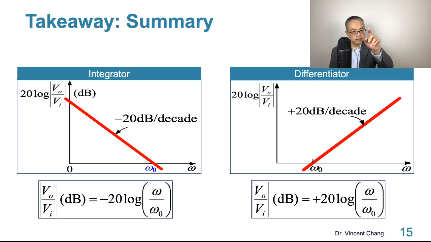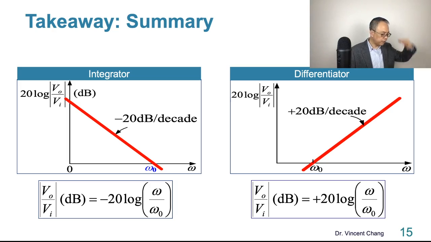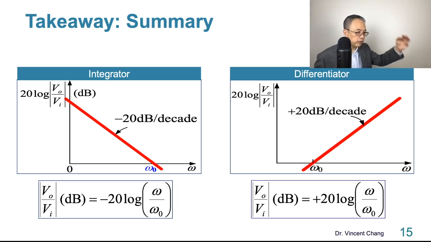So the integrator rejects high frequency noise, but the differentiator welcomes it, right? For the high frequency component, the high frequency noise, the differentiator is going to welcome you and serve you with even bigger gain.